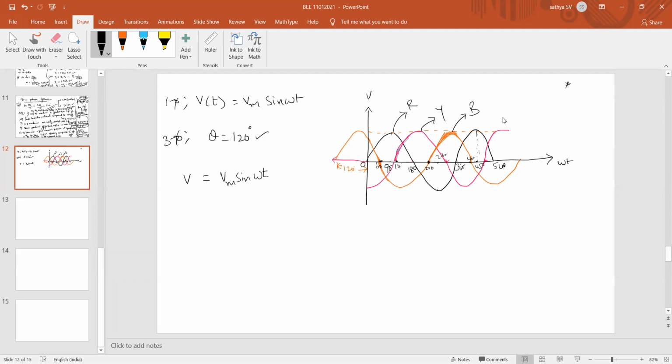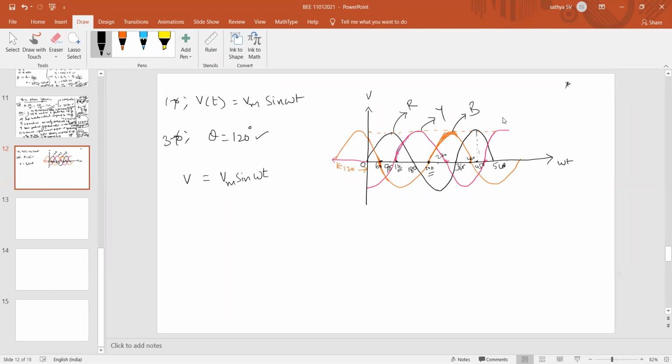See here, your first waveform started at 0 degrees and your second waveform started at 120, right? So that means there should be an angular difference of 120 degrees. Clear, able to understand? And what about the third waveform when you compare with the first one? For third, it should be around 240 degrees, where your third waveform started at 240, right?